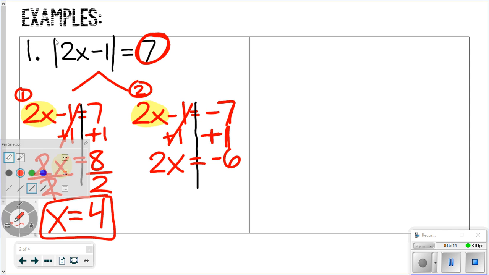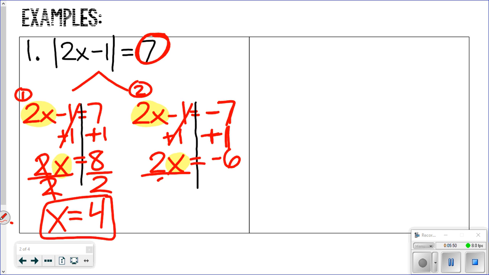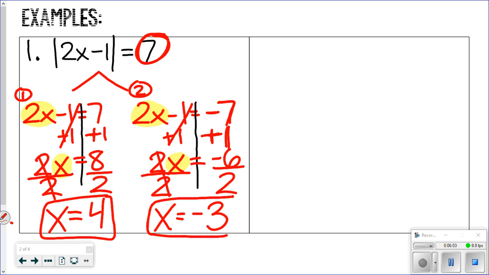And again, we want this x to be alone here. Currently, it's being multiplied by 2. So the opposite is to divide by 2. x equals -6 divided by 2 is -3. We got two totally different answers, but we solve these equations the same way.